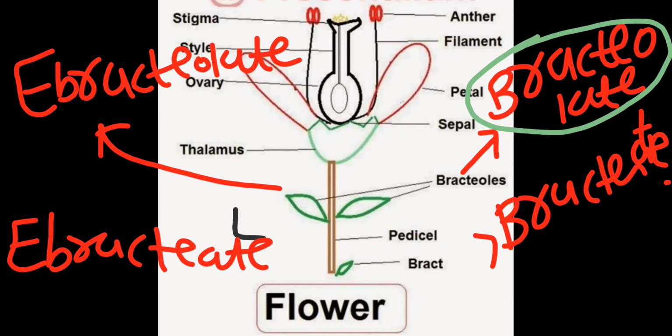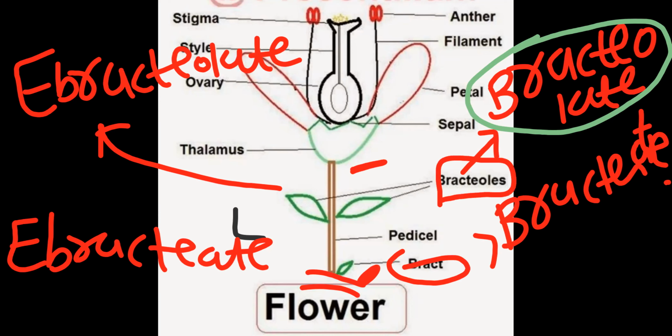See, bract is present at the base of the pedicel over here. Bracteole is present between bract and this flower. So if bracteole is present, that ultimately indicates what? Bract is also present, without bract, we can't say that it's a bracteole.